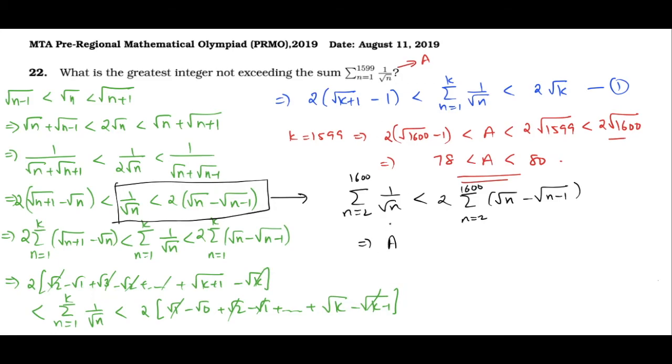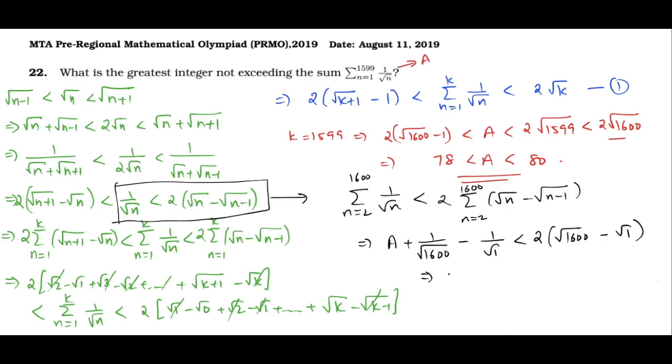So if I write a here, last term is extra, that will be 1 by root 1600, and the first term is missing, so minus 1 by root 1, less than, after opening and simplifying this term, we get twice of root 1600 minus root 1.